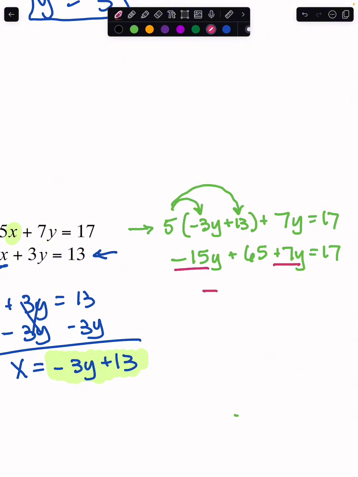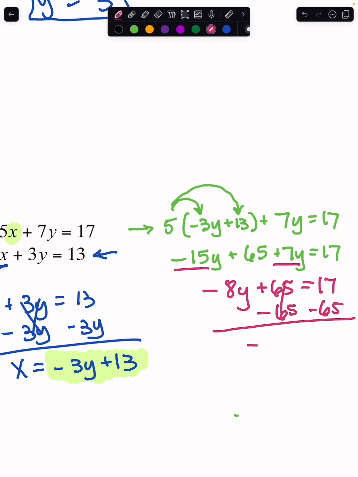Subtract 65 from both sides. Negative 8y, and then 17 plus a negative 65 is negative 48. Divide both sides by negative 8. And my y here happens to be 6.